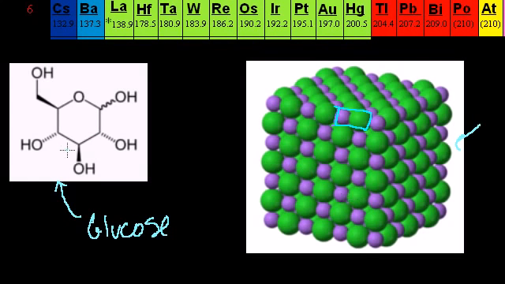But glucose, when it goes into water, just stays as one molecule of glucose. So a mole of glucose will just stay as 1 mole, while a mole of sodium chloride will turn into 2 moles because it disassociates into 2 separate particles.